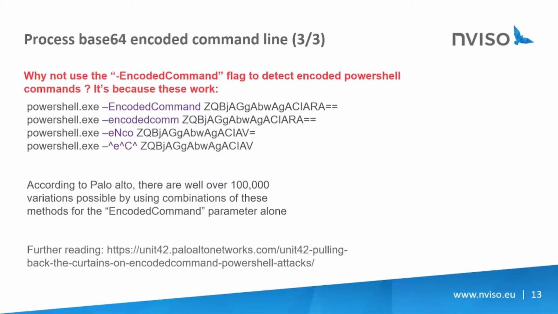For example, indeed the -EncodedCommand flag does work, but you could also do it with -EncodedCom or with -Enco, or you could also add caret characters and run your command that way as well. So according to Palo Alto and one of their blogs I've added here, there are over 100,000 possible permutations for the encoded command parameter alone. So as you can see, that's why we didn't use the -EncodedCommand flag.